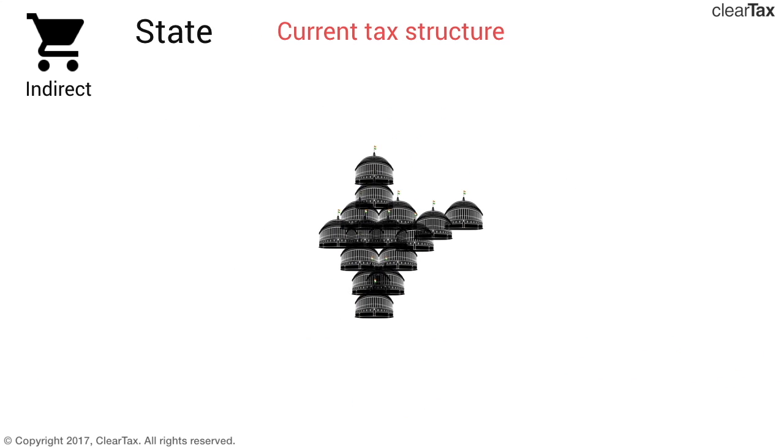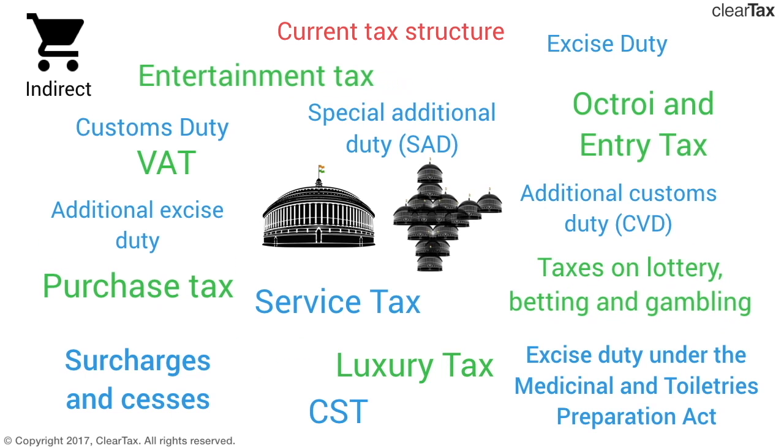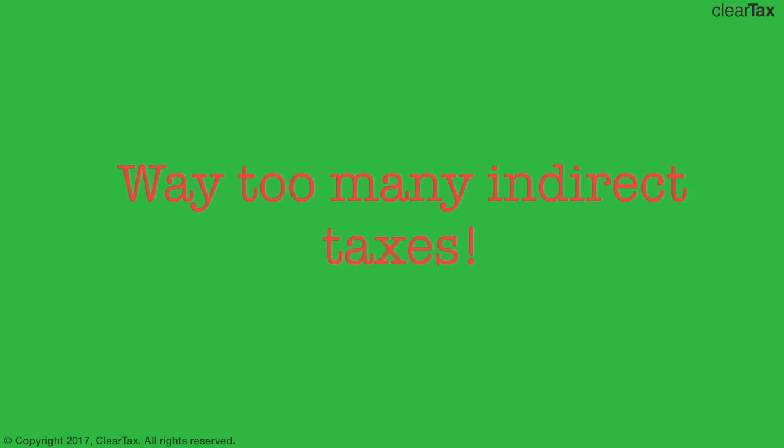On top of all of these central taxes, there are also the state taxes, which include VAT, purchase tax, octroi and entrance tax, entertainment tax, luxury tax, taxes on lottery, betting and gambling, and surcharges and cesses on all of these taxes as well. So, when you combine the central and state taxes, there are just way too many taxes in the current tax structure. Just too many. You agree, don't you?